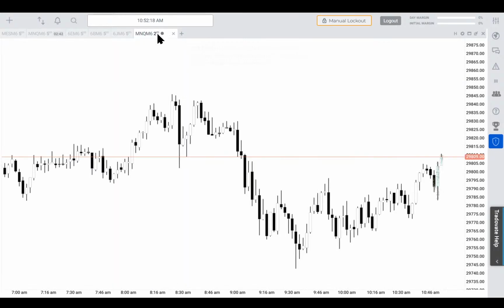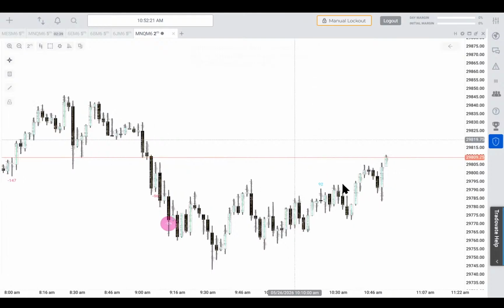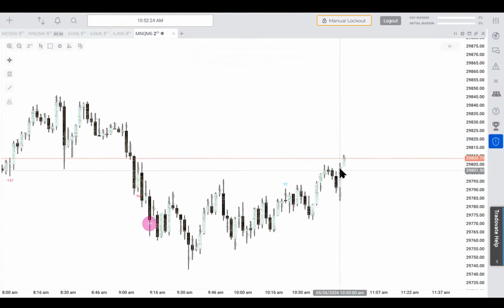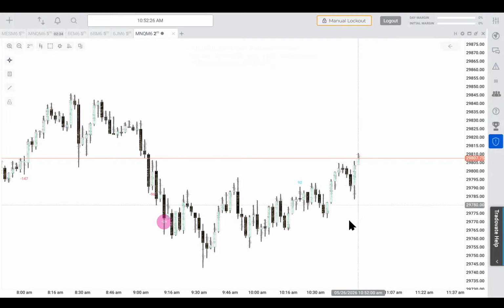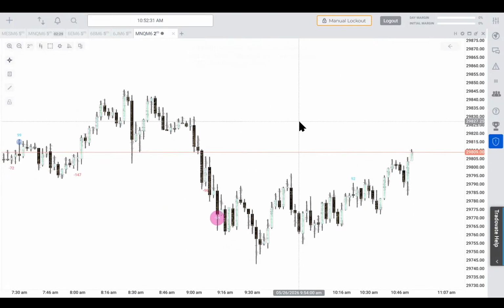No, not at all. And yeah, on the 2 minute here on the MNQ, definitely a reason to be long here, with a stop below here and the target here. Are we doing that? I think no. Wrong setup, but you're not taking it.